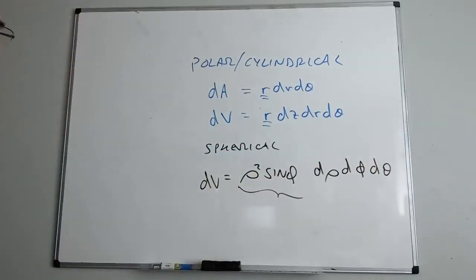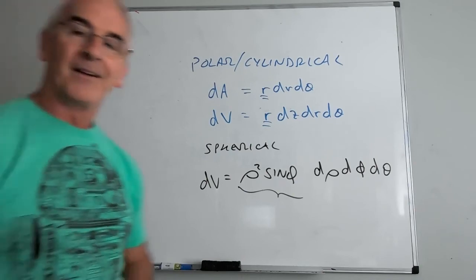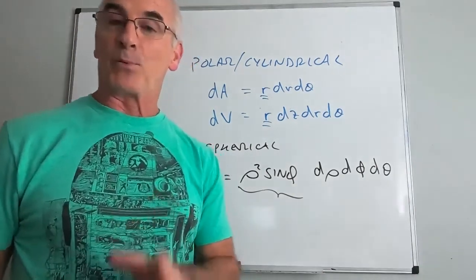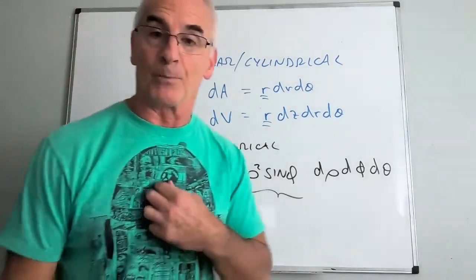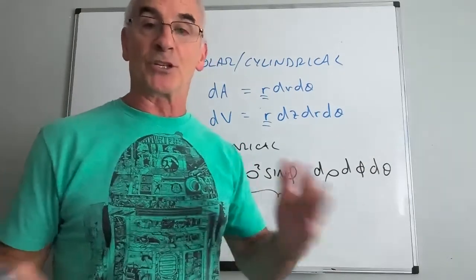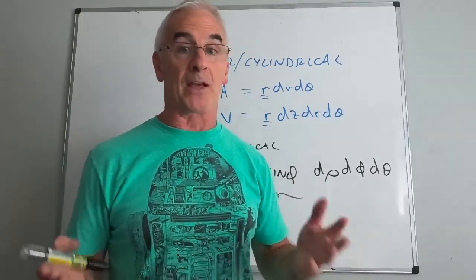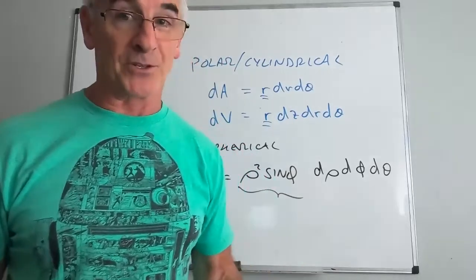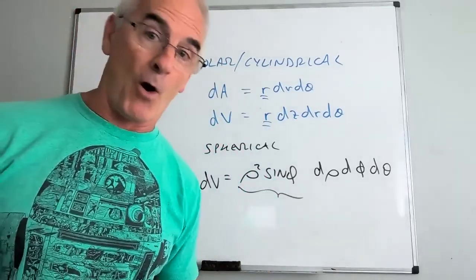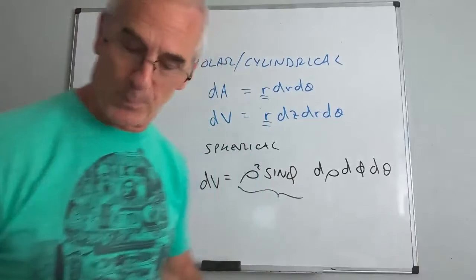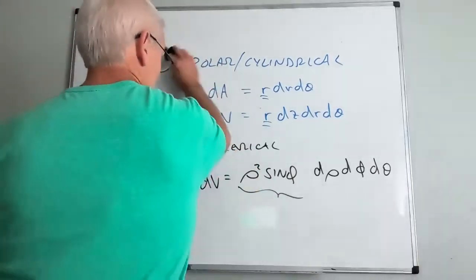Now that looks absolutely terrifying, I know. But if a problem is meant to be done in spherical, it means that switching to spherical probably makes your integrand much friendlier. And it also means your limits of integration very well may all be constants, kind of like when you did it in polar. So we're going to do a really simple example.